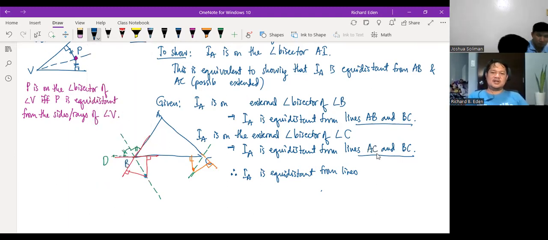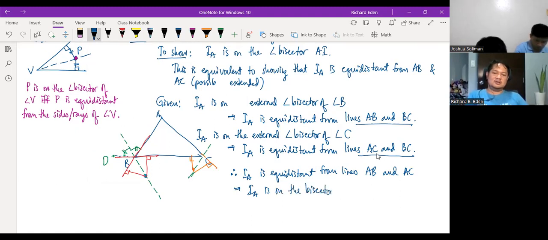So I sub A is equidistant from lines AB and AC, which means I sub A is on the bisector of angle BAC. And this bisector of angle BAC is A sub I.